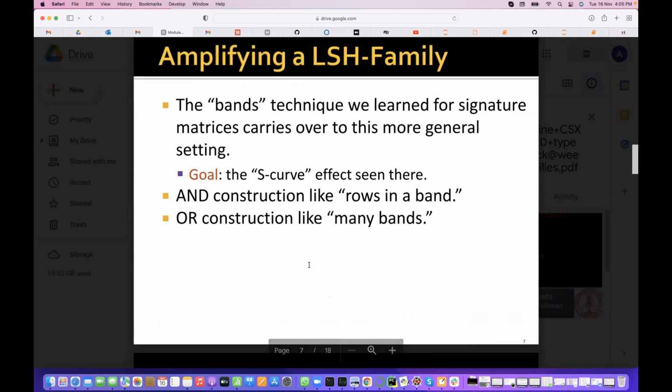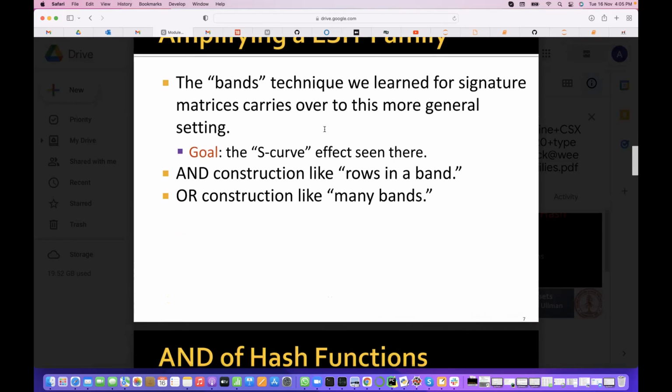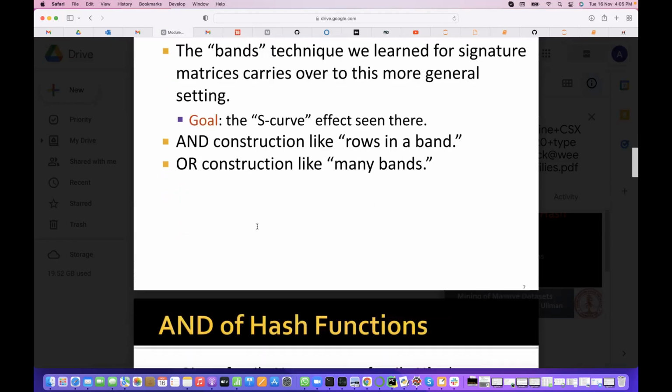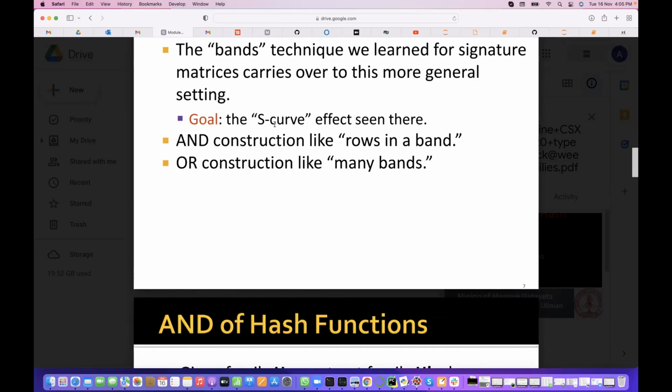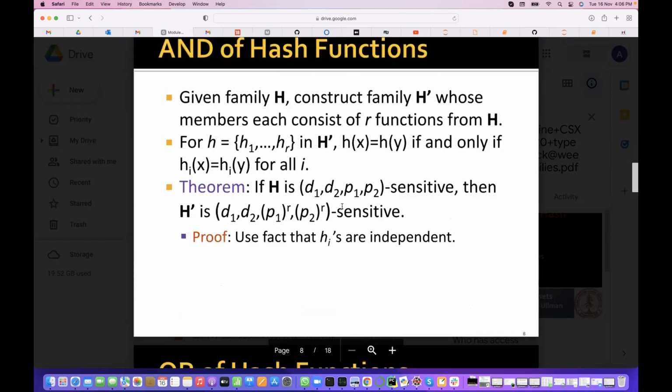Amplifying an LSH family: the bands technique we learned for signature matrices carries over to this more general setting. The goal is the S-curve effect seen there. How many bands we discussed last time, right? How many bands should be taken? That is what brings this S-curve technique, with a construction like rows in a band or many bands.